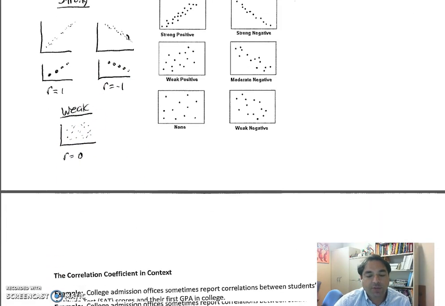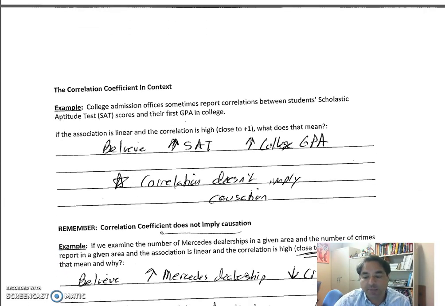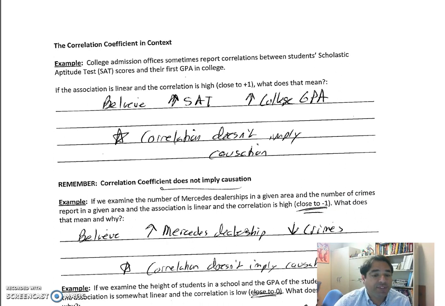Okay, so just to make sure we understand, correlation does not imply causation. We have some examples here, so I'll run through them quickly. So if we say that the higher your SAT score, then the higher you'll do in your GPA in college, and we said the correlation is really high, does that mean, based on the correlation, SAT causes your college GPA?